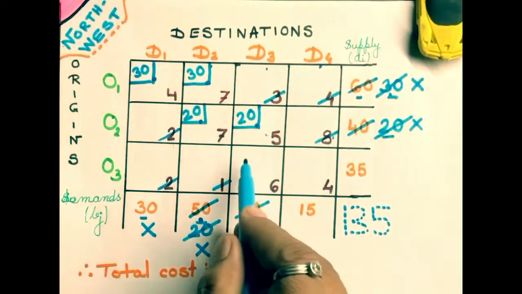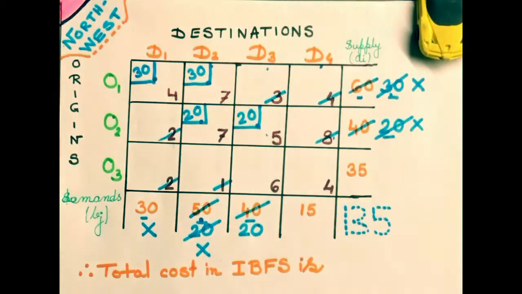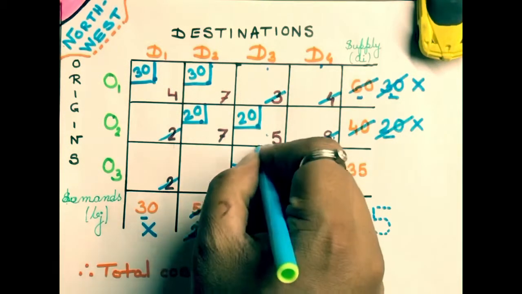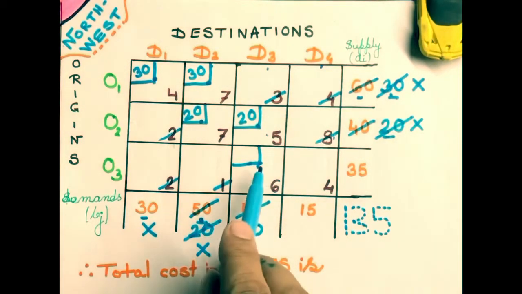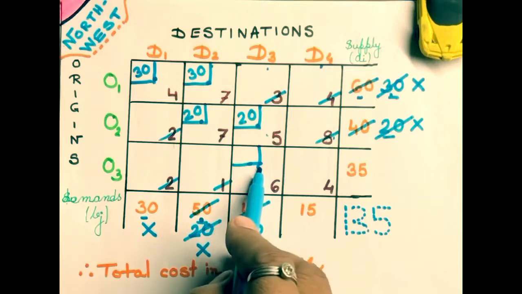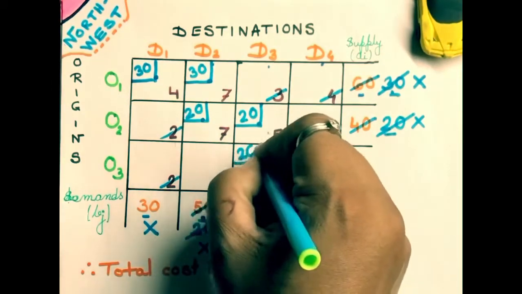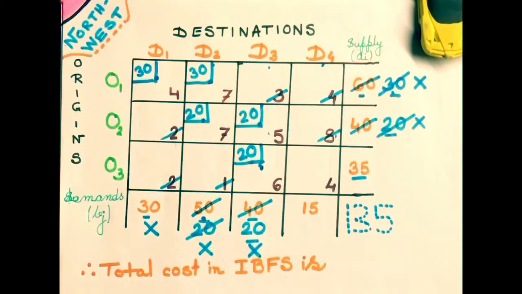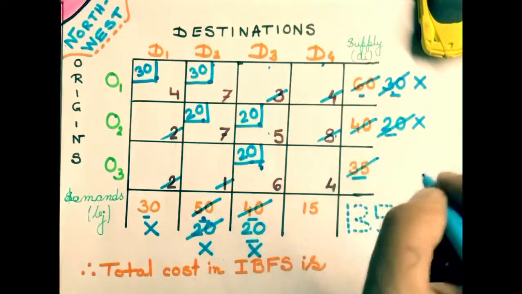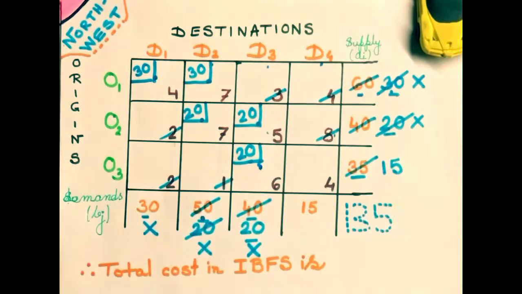We are left with this matrix of size 1 row and 2 columns, 6, 4 only. In that matrix, we can find the northwest corner at this cell. In that cell, we shall allocate as before the minimum of 20 and 35, which is 20, so as to exhaust all the demands of destination 3, and we are left with another 15 units of supply from third origin or third source.